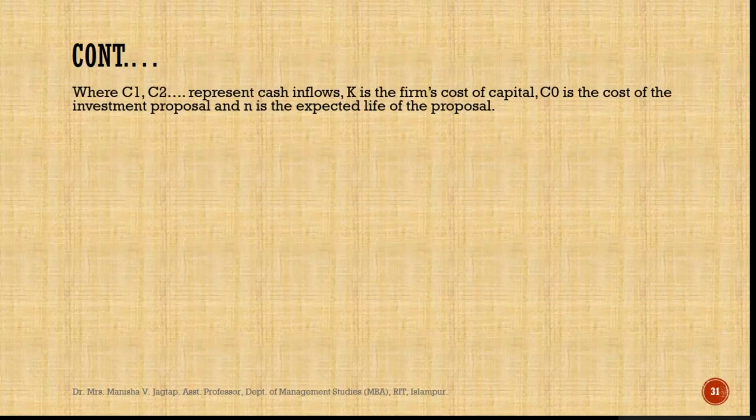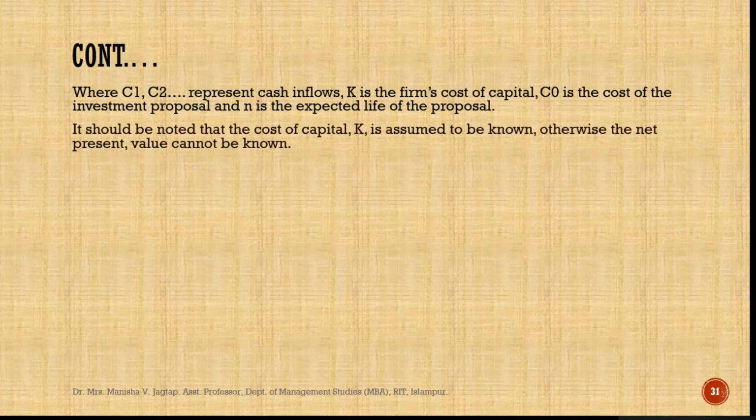Where C1, C2 represent cash inflow, then K is the firm's cost of capital, CO is the cost of investment proposal, that is nothing but initial investment, and N is the expected life of the proposal. It should be noted that the cost of capital, that is K, is assumed to be known.